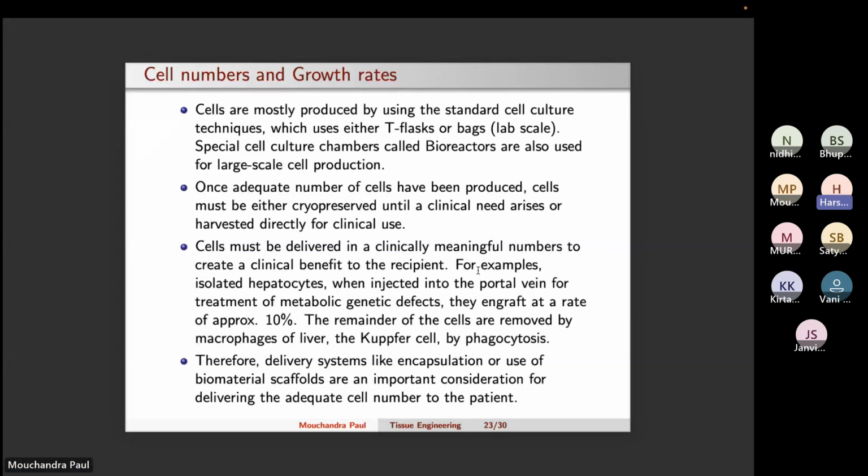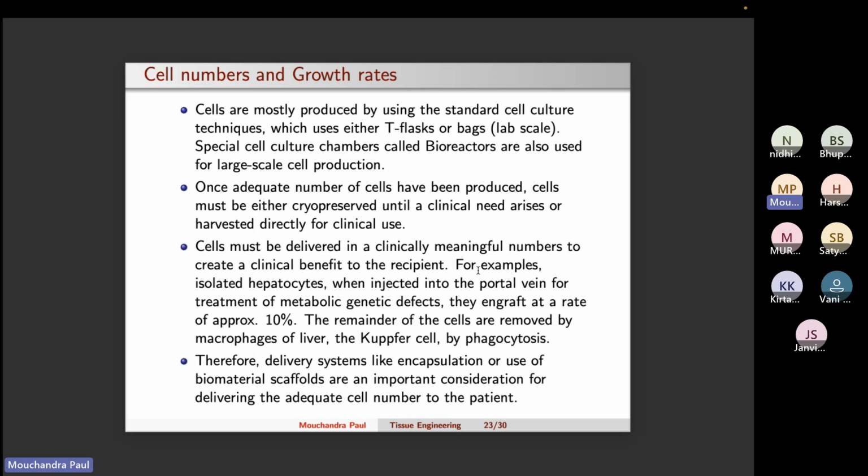Ma'am, if we do stem cell therapy in a person suffering from an autoimmune disease, will encapsulation and masking, or any other thing, genuinely help or not? So you're talking about delivering stem cells into a patient for autoimmune disorders. It will definitely help.